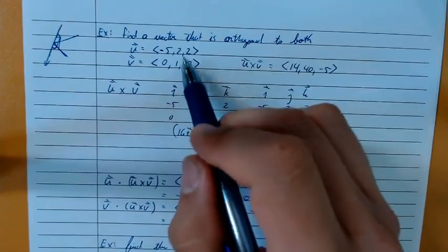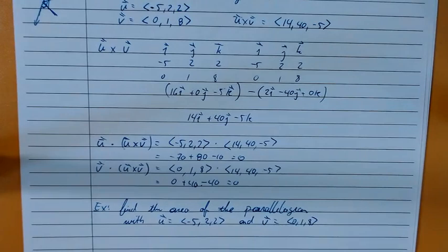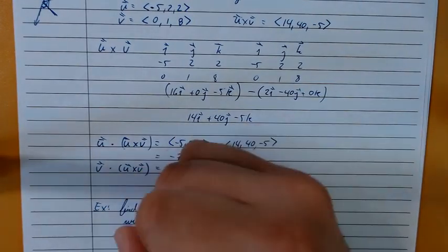So I'm using the same two vectors as before. We already know the cross product right there. Find the area of the parallelogram with those two vectors as adjacent sides.